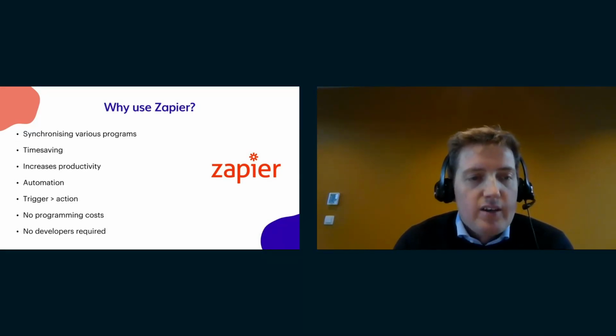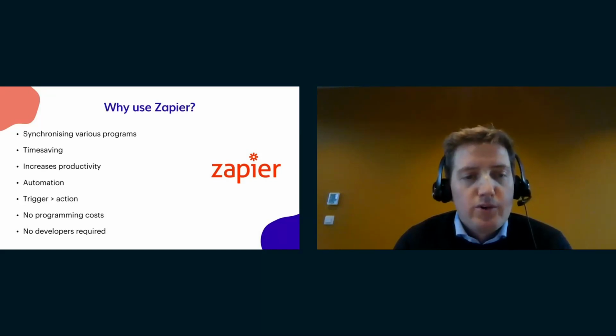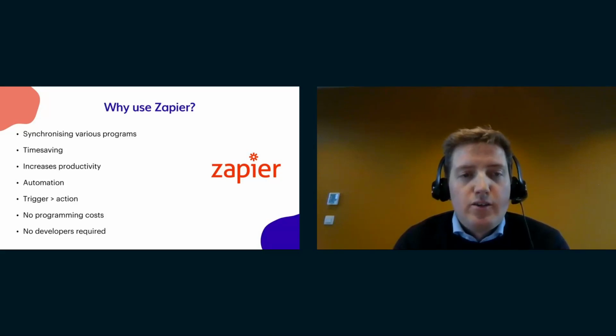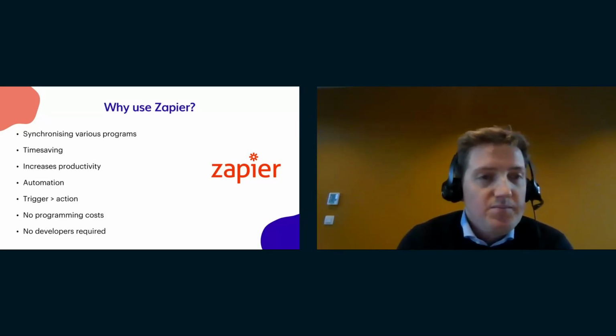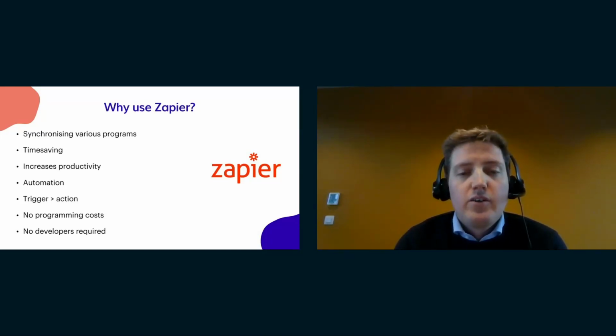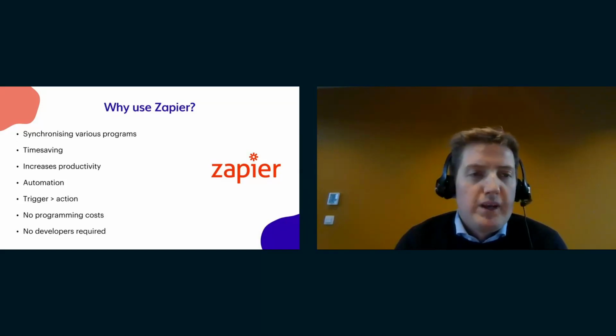Like I said, you can make a connection between multiple programs. You can automate actions, and this way, manual actions are a thing of the past. You set a trigger and determine which action should take place if the event is triggered. And you don't need any complicated code, no expensive programming or developers to make the connection.